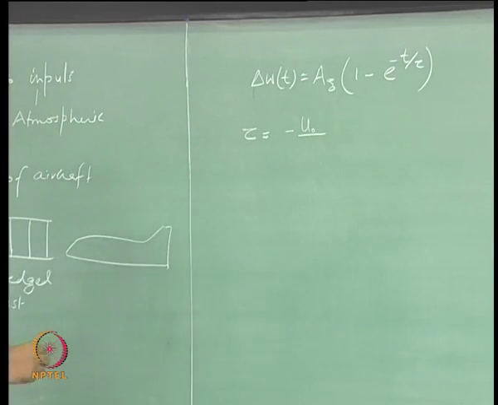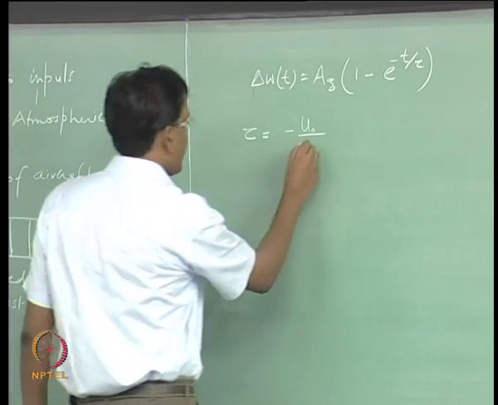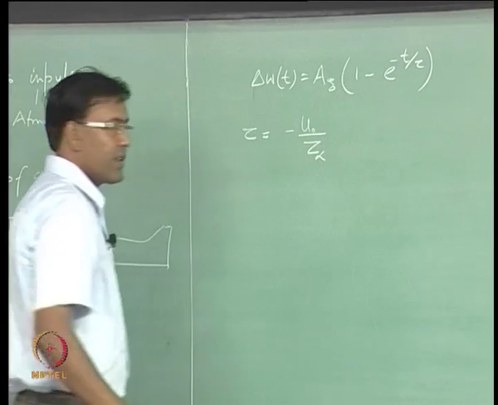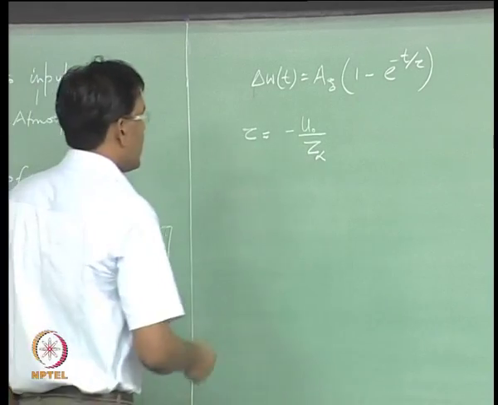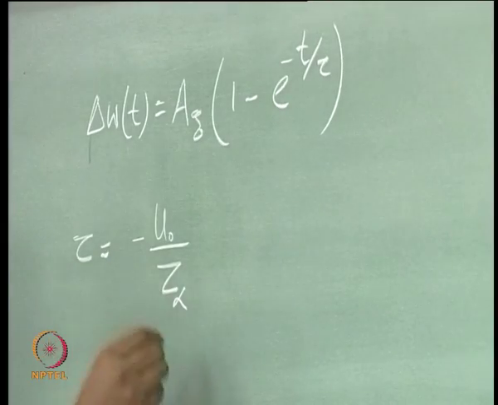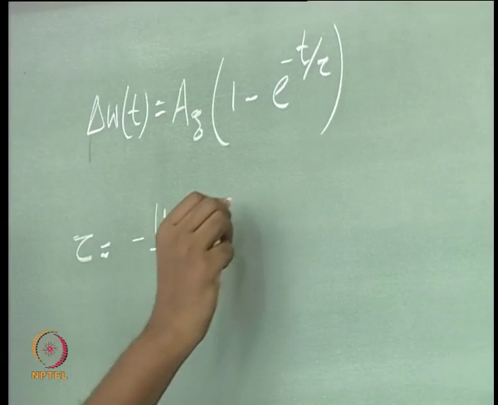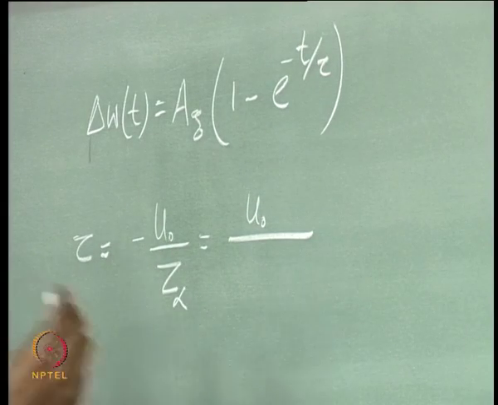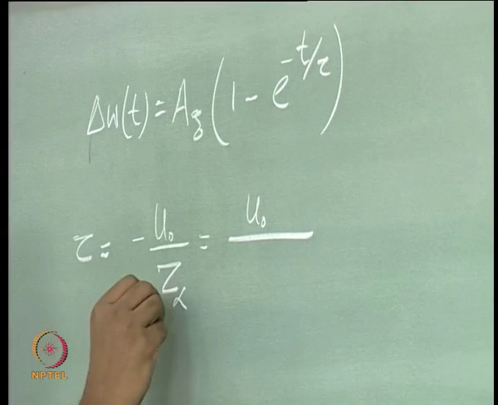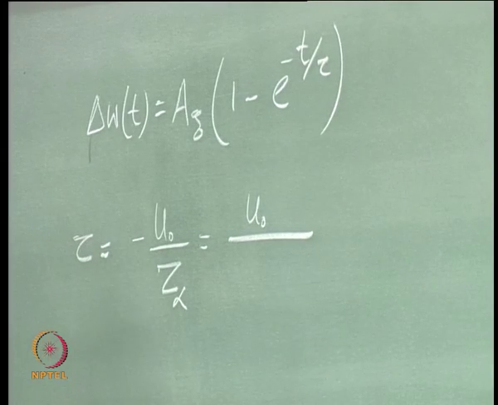equilibrium speed and the derivative Z alpha, right. So, now let us try to write this down in terms of aircraft other parameters.